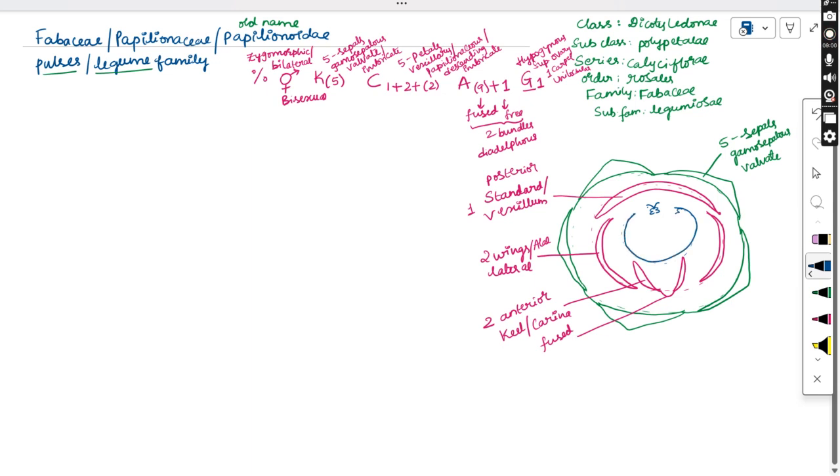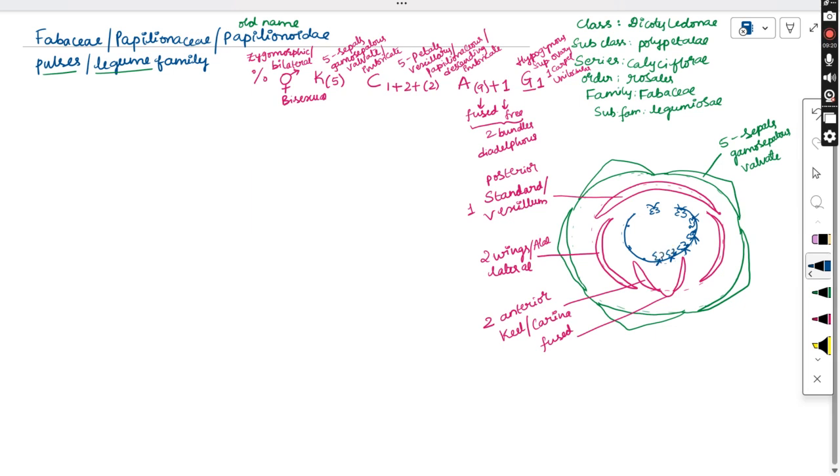So you can draw it here. 1 here, 2, 3, 4, 5, 6, 7, 8 and 9. So all the 9 stamens are in fused condition, forming one bundle. So we are drawing in this way.